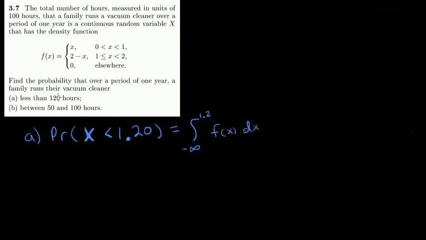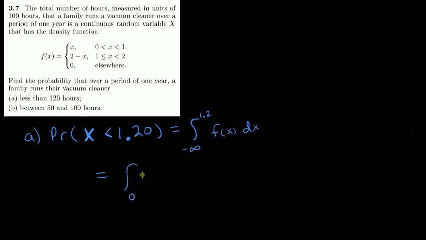Now, you have to be careful about what's going on here. From negative infinity all the way until we get to 0, this function is just 0. The integral of 0 is 0, right? So I don't need to worry about when x is less than 0.